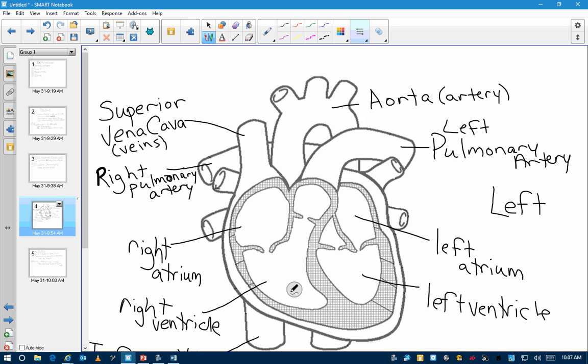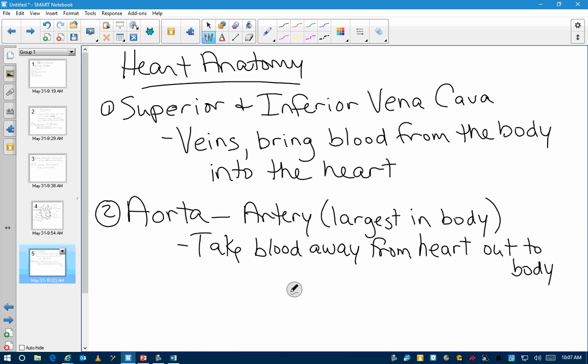So it has to do with lungs. Yes. So where do you think these things are going? To the lungs. So pulmonary arteries are going away from the heart to the lungs.